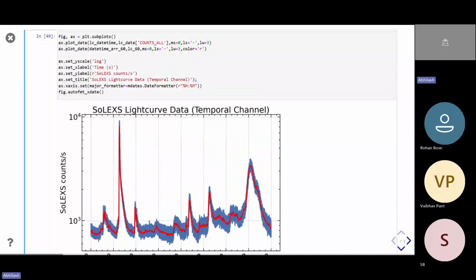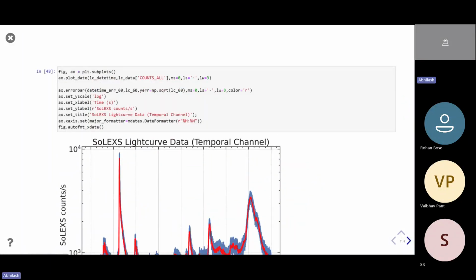You can see there are some small signatures which were not visible in the 1 second cadence data, but are visible in the 60 second cadence data. There are these small oscillations, which can be flares or some oscillations as well. There is another flare which was definitely not visible in the 1 second cadence data, but is visible in the 60 second data.